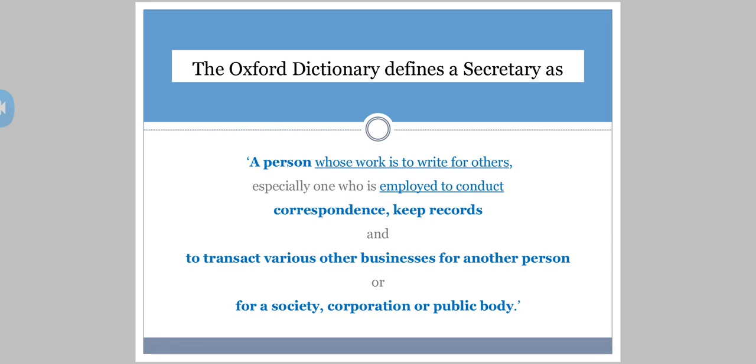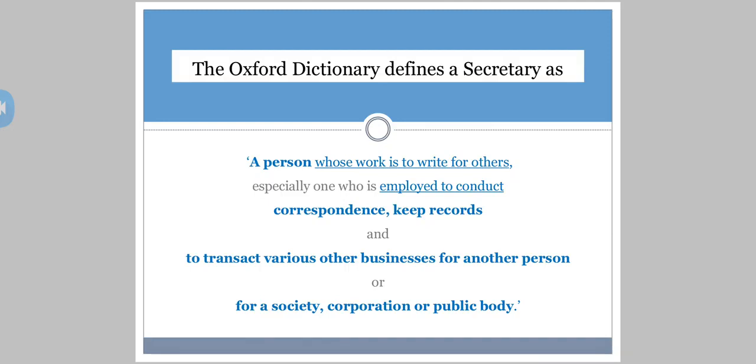Employed means you have chosen someone to do the job, someone who is on the job. A person whose work is to write for others, especially one who is on the job to conduct correspondence, that is writing, keep records, and to transact.